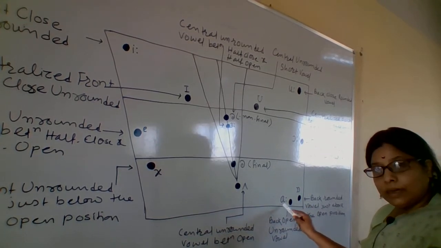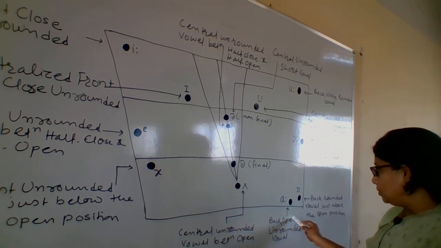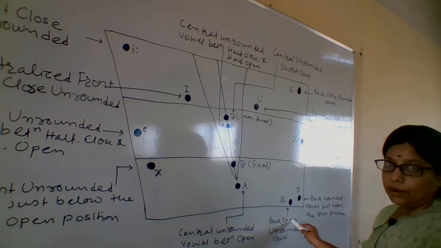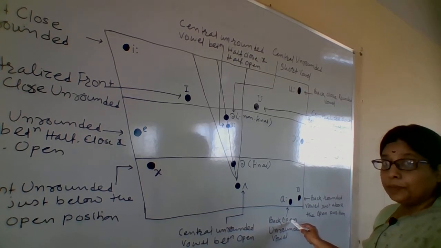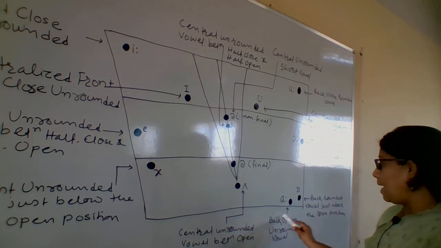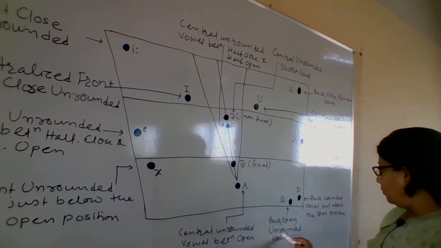Back part of the tongue is in the open position, so it is back open and the lips are unrounded. The lips are spread but they are not rounded, so A is a back open unrounded vowel.